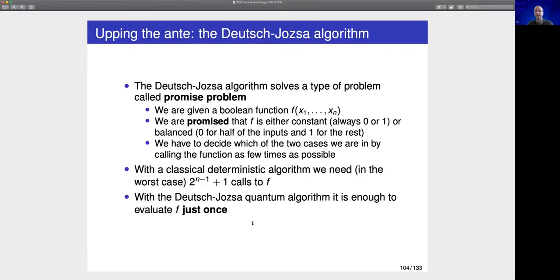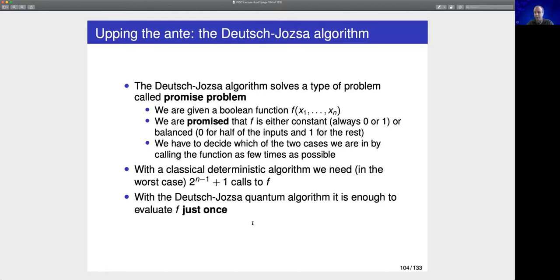So we can generalize this to a situation in which we have functions with more than one input, okay? Now we are going to have, again, a Boolean function, but with n variables, with n inputs, okay? And again, we are going to check whether the function is constant or the function is balanced, and this is defined exactly as in the case of the one variable Boolean function of Deutsch's problem.